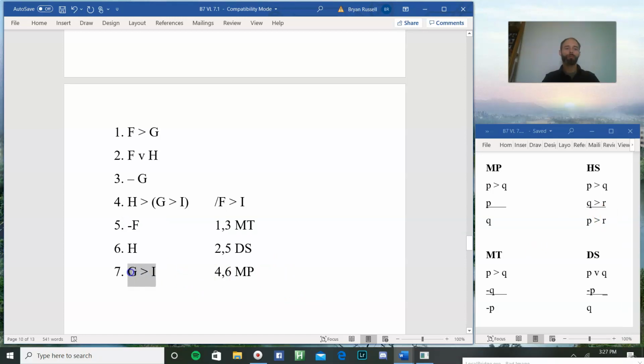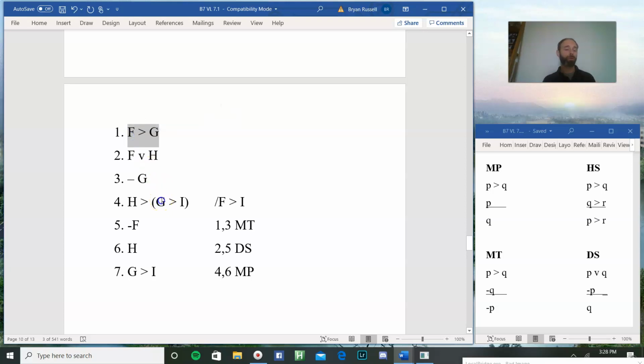All right, so now we have G horseshoe I, and now we want to look at what line we can use G horseshoe I with. Recall that what we're trying to get is F horseshoe I. So how can we get to F horseshoe I with G horseshoe I? Well, if we had an F horseshoe G, we could cancel out the G's and be left with F horseshoe I. So do we have F horseshoe G anywhere? We do, on line 1.